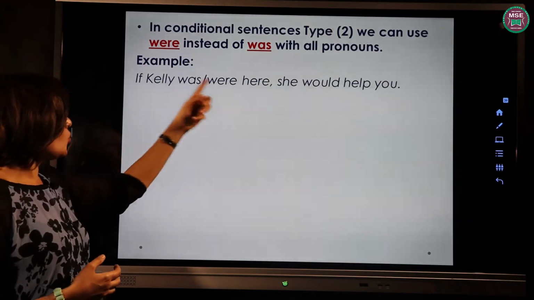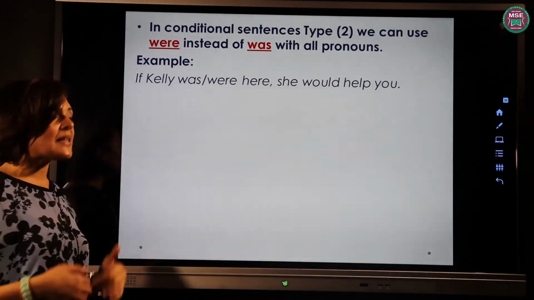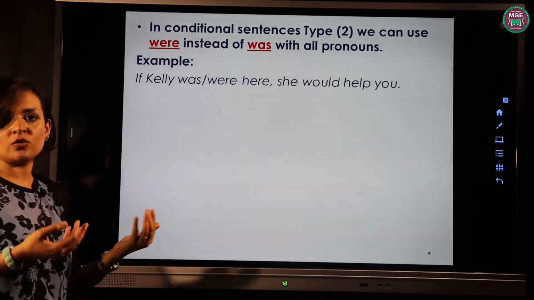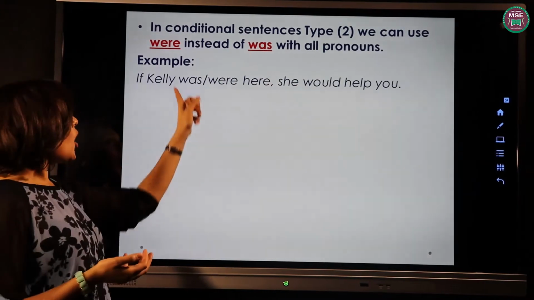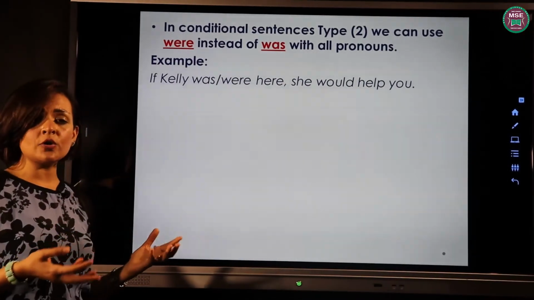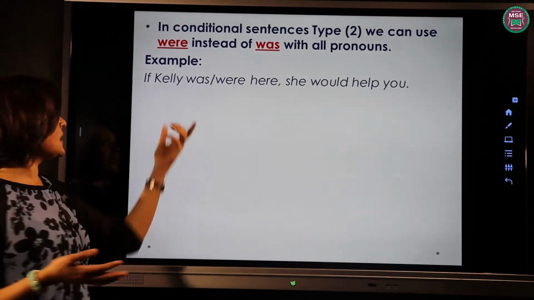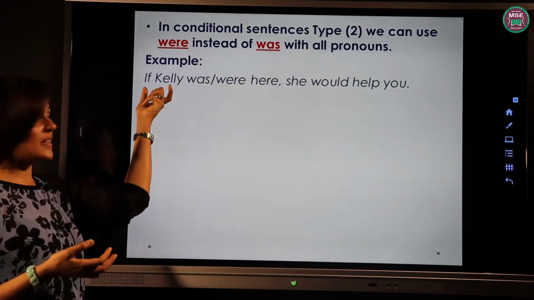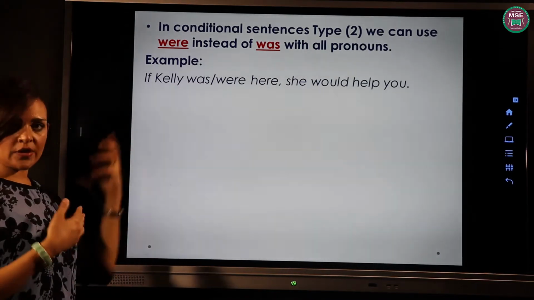If Kelly were here, she would help you. It means that it's impossible for Kelly to help you because she is not in the place. Also, I can say was here because the normal rule of using the verb to be is was with the singular pronoun, such as she.